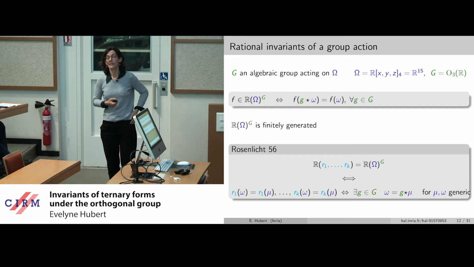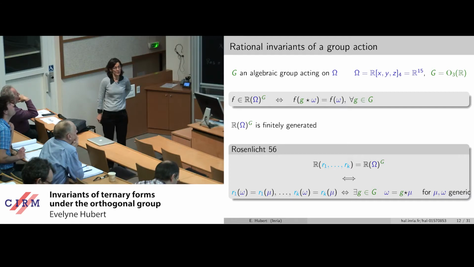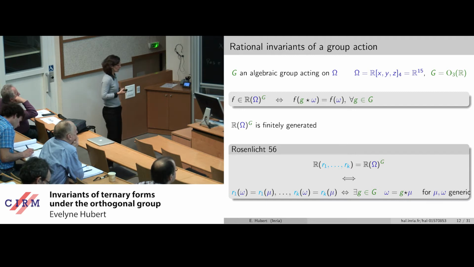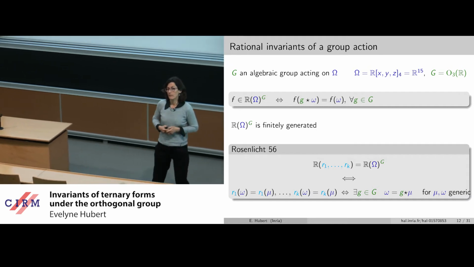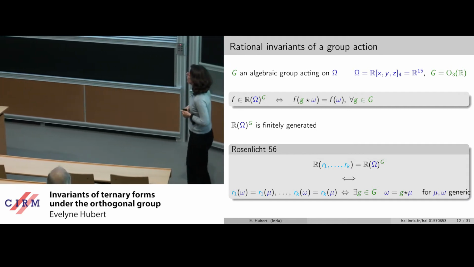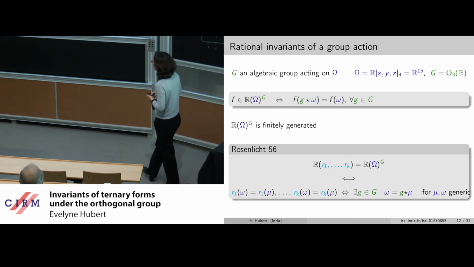A rational function on this space is invariant if it is constant on every orbit of the group. A good feature of rational invariants is that whatever the group, the field of rational invariants is finitely generated. This is not always true for the ring of polynomial invariants. So that's already a good feature.